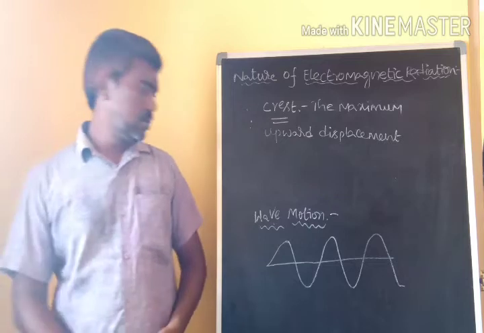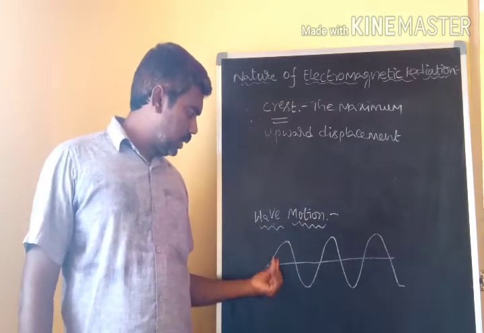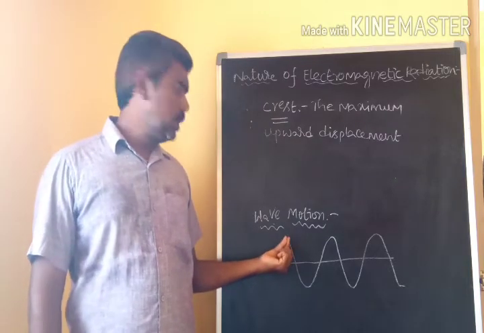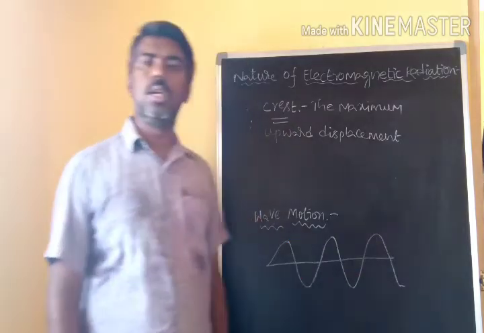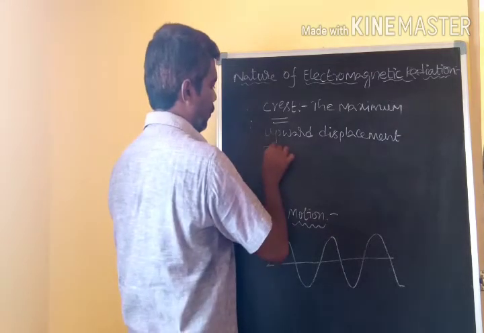Here the maximum upward displacement from this plane is called a crest. This point is called a crest. Then what about the trough?